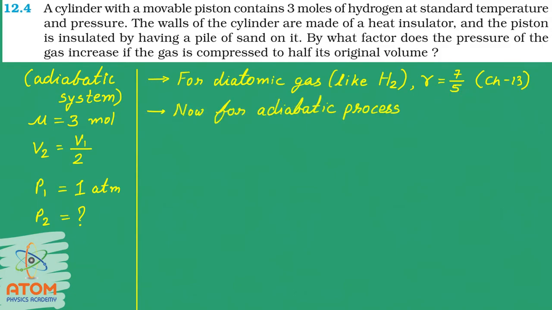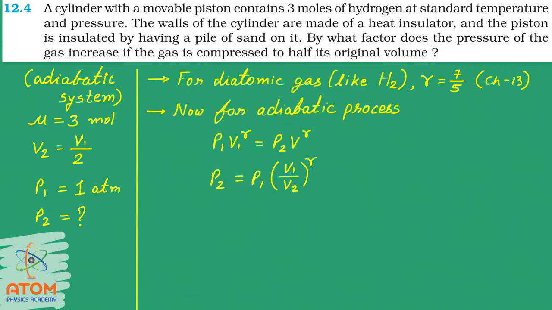Now for an adiabatic process, we know that PV raised to gamma is constant. So here we can write that P1 V1 raised to gamma will be equal to P2 V2 raised to gamma. Now what we need to find out is P2. So P2 will be equal to P1 times V1 upon V2 raised to gamma.